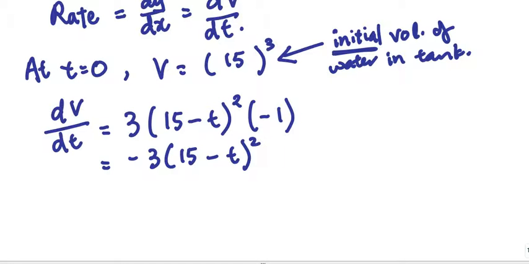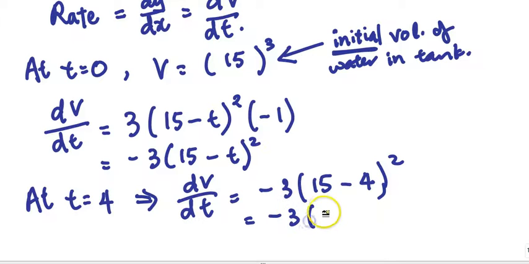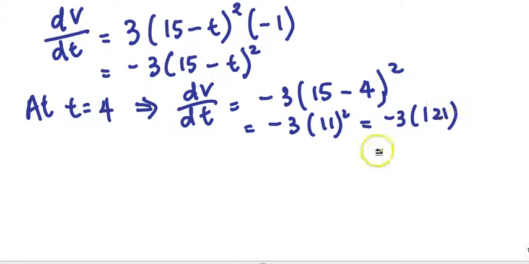And at t equals 4, dv over dt is equal to negative 3 times (15 minus 4) squared. So it's negative 3 times 11 squared, which is negative 3 times 121, which gives you negative 363.